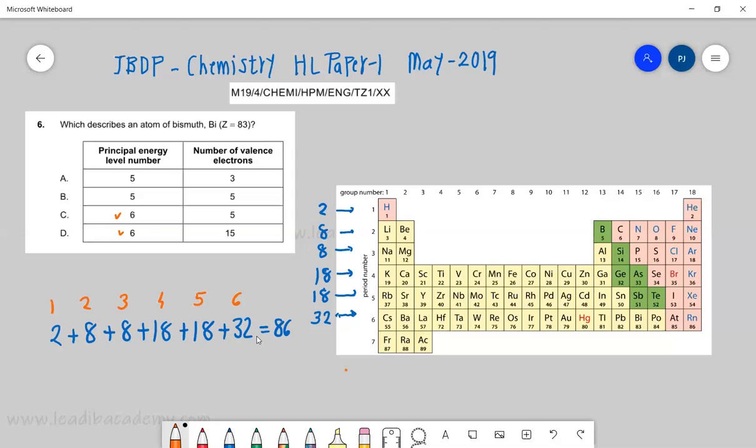Now let's look into how many electrons it is going to have. Up to this point, how many electrons have we dealt with so far? Let's calculate: 10, 18, 36, and 54.